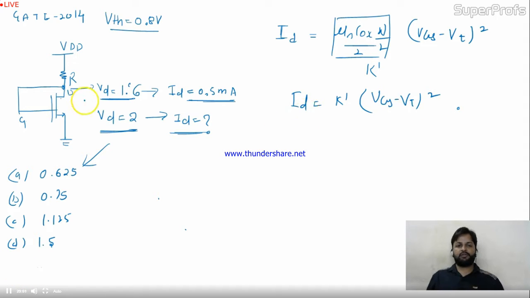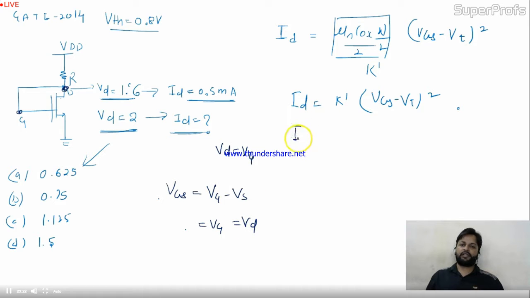And one more thing, if you observe this question carefully, VD is equal to VG, both are the same. VGS is VG minus VS, and VS is 0, so it's VG, which is VD only.